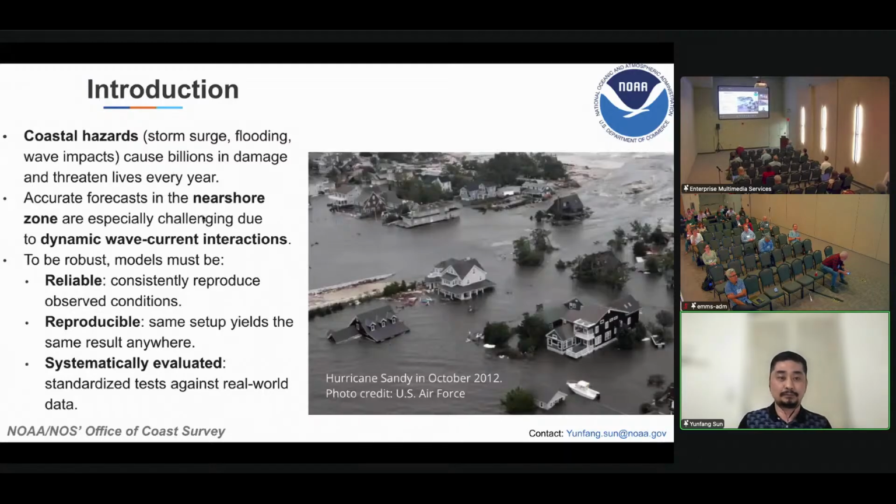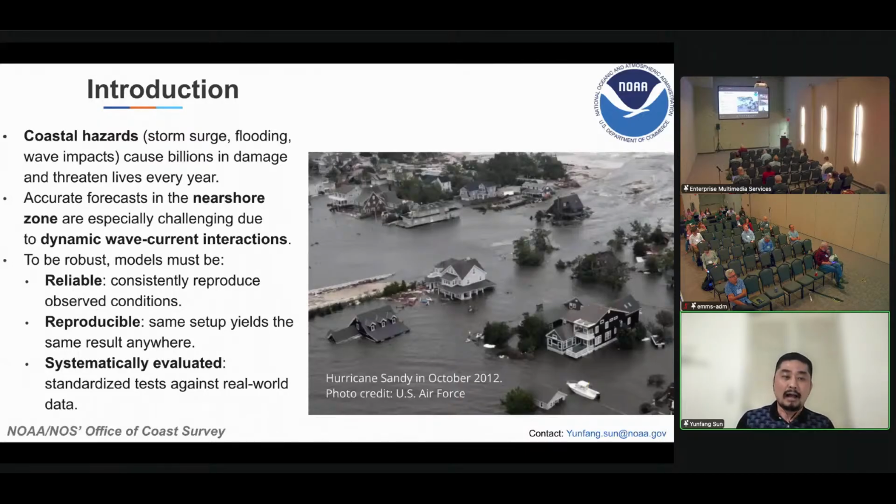Firstly, coastal hazards like storm surge, flooding, and wave impact cause building damage and threaten lives every year. The photo on the right is the damage caused by Hurricane Sandy to the New Jersey coast.